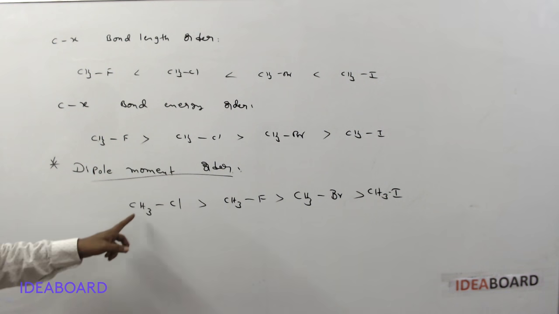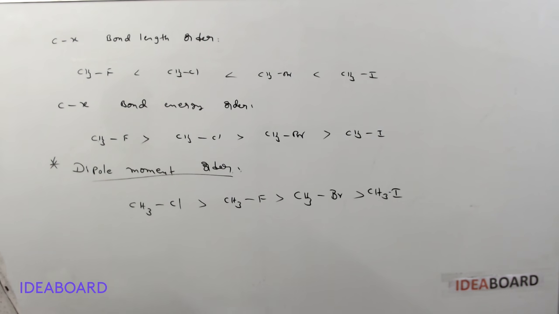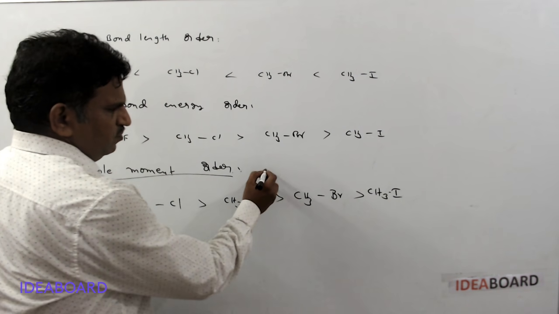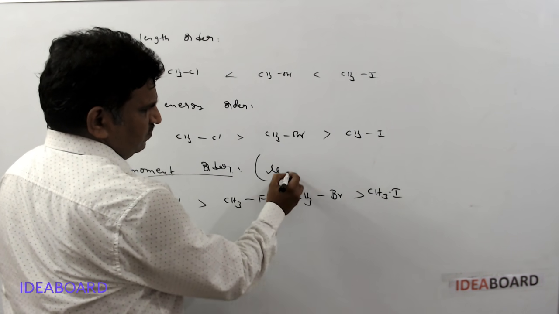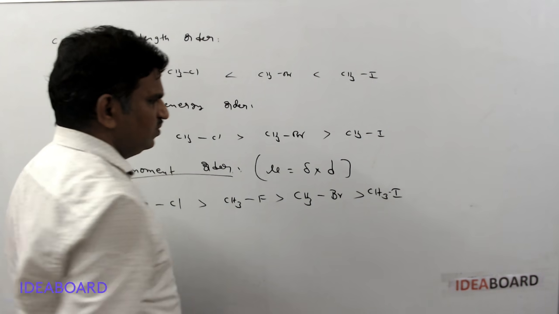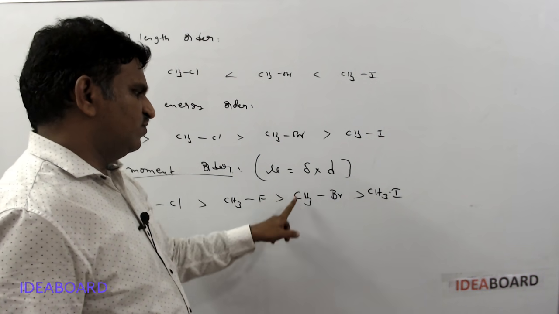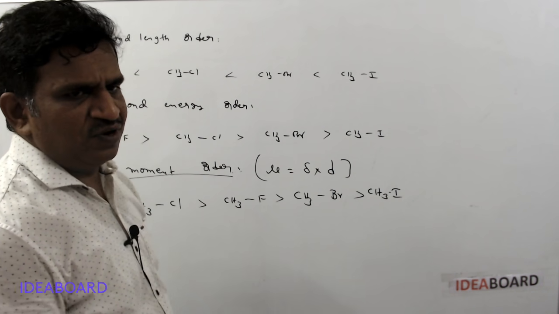Why does CH3Cl, chloromethane, have a higher dipole moment? As we know, dipole moment mu is equal to delta into d, or delta into l. Delta means the charge on any one of the poles, and d means bond length.